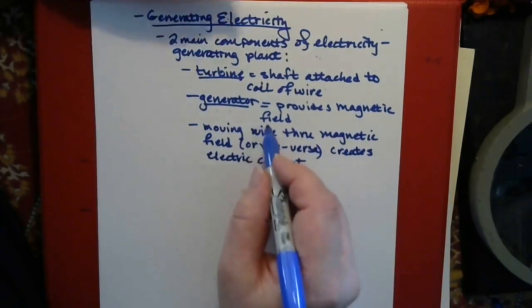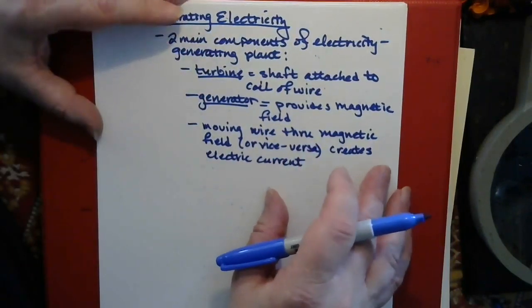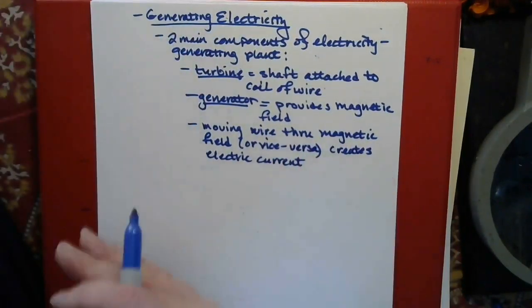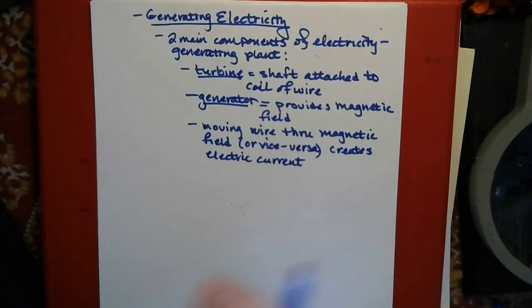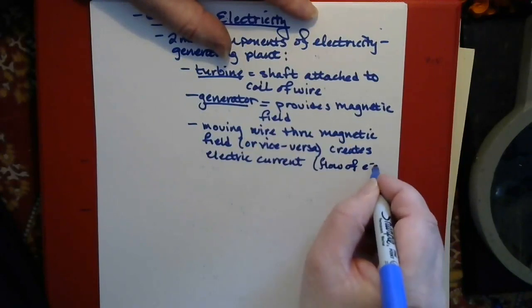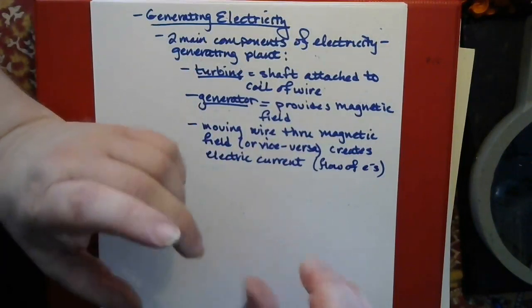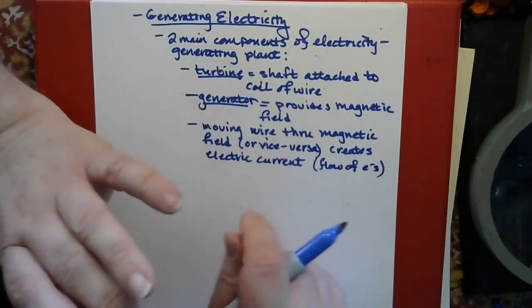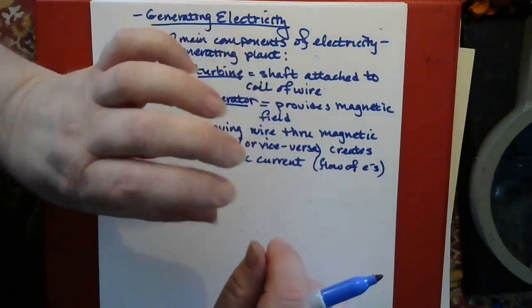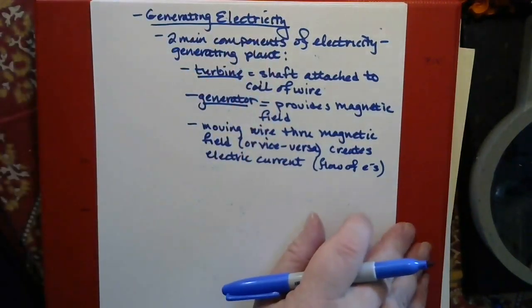Basically, the magnetic field manages to rip some electrons away from their parent atoms, and those electrons then travel through a wire and can go from one place to another if the wire is attached to something on either end. In other words, that's flows of electrons. You could move the wire through the magnetic field, or you could move a magnet through a coil of wires. Either way, it would work.